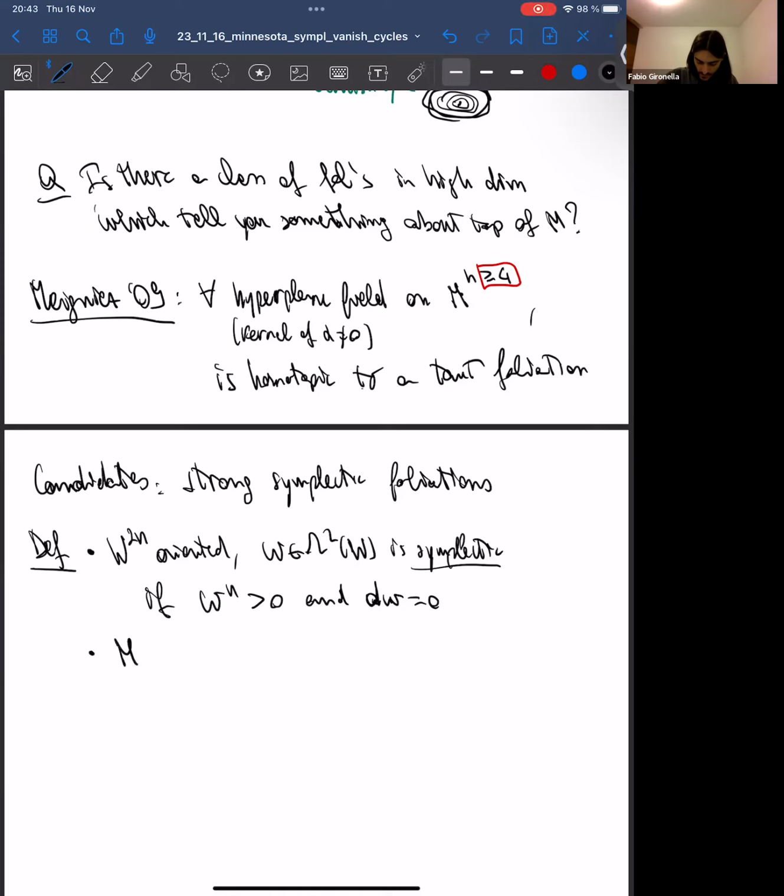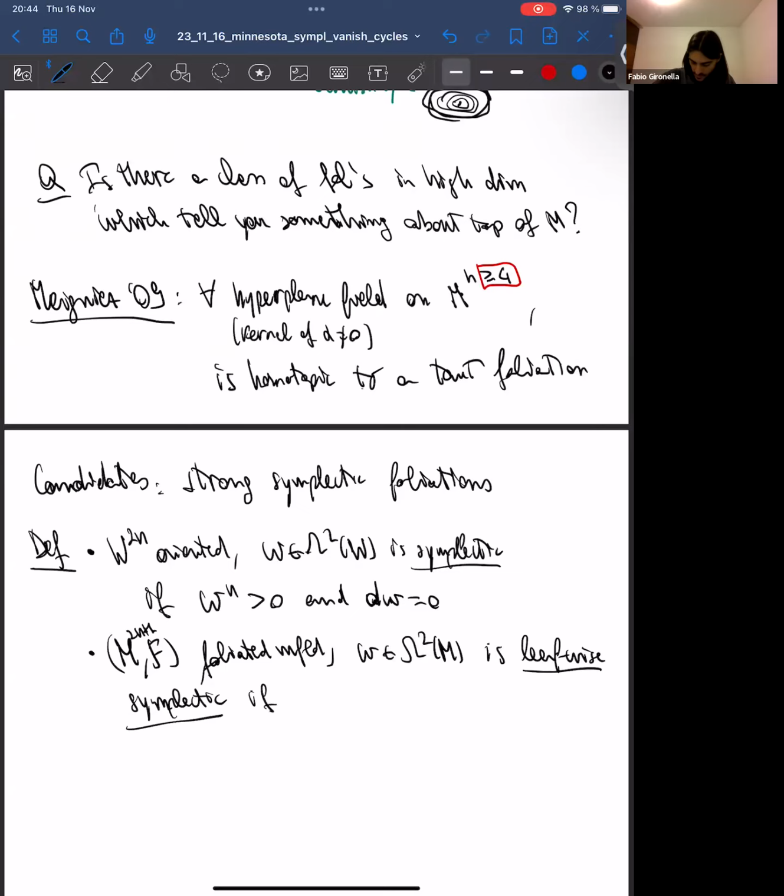So if we have a foliated manifold M of dimension 2n plus 1, with the foliation as I defined it before, and we have a two form omega on M, we say that it is leafwise symplectic if omega restricted to every leaf of the foliation is symplectic on the leaf.